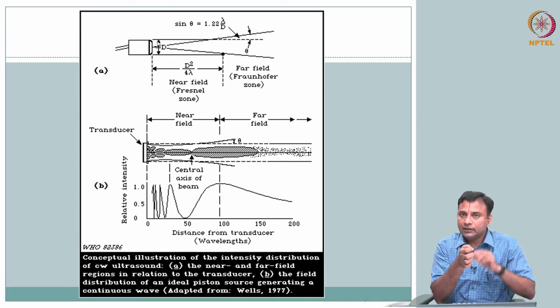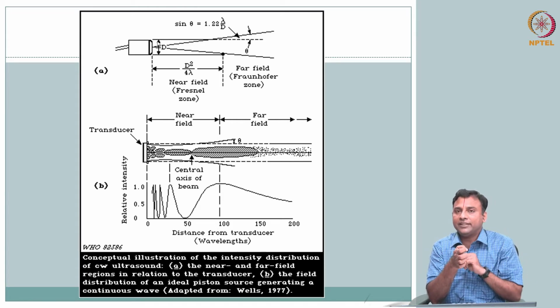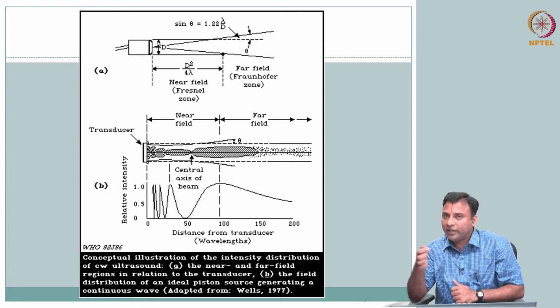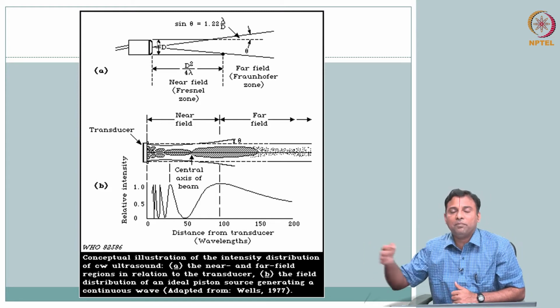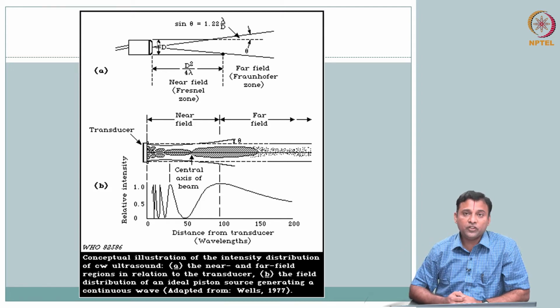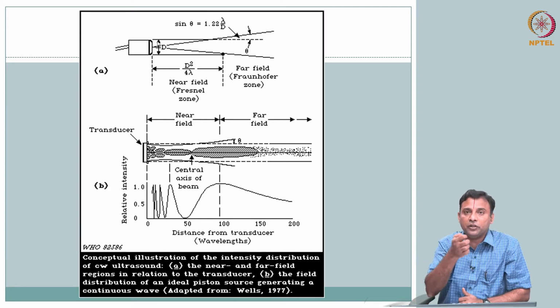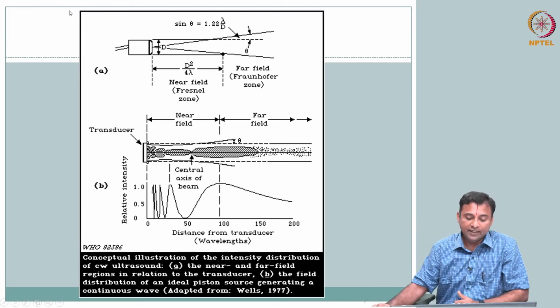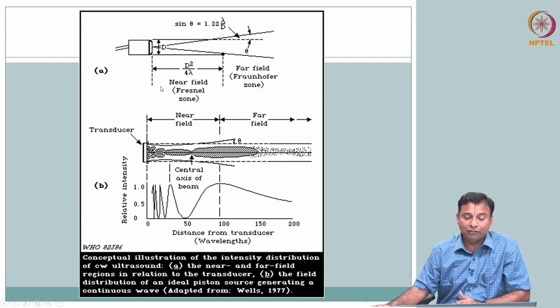You do this, now the question is, inside the medium, is it just going the same way, right? Unfortunately, it is not that straightforward. It is going to start to diverge as you go, and not just diverge, the behavior of points near the transducer is going to be different.